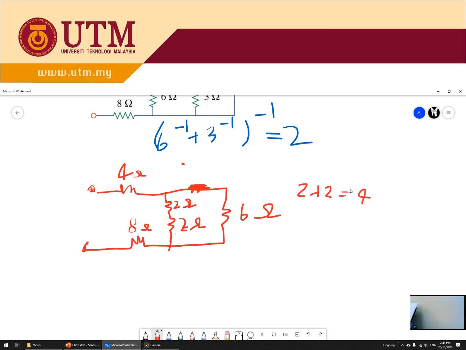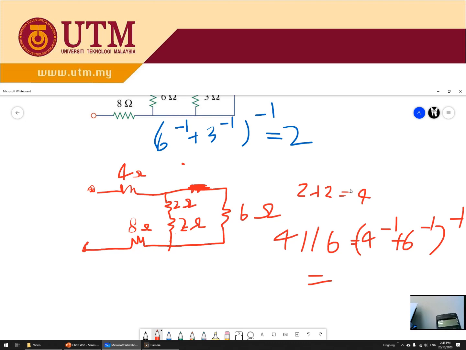Then this one and this one are in series, and this one will be in parallel. So 4 parallel with 6 equals 4 inverse plus 6 inverse, then inverse. So use the same concept with the calculator. 4 reciprocal plus 6 reciprocal, then don't forget to reciprocal the answer.